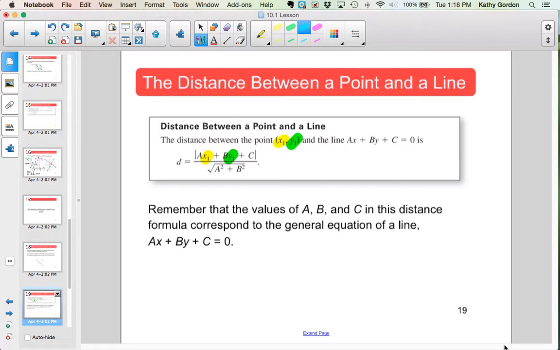We just usually keep the constant over on the other side. But for this case, we need to write the standard form in this way so that we're sure we're using the correct a, b, and c values with the correct sign on them, positive or negative. Okay, so it's the a coefficient here that is our a here. It's the b coefficient there that is our b here. And it's the c constant there that gives us the c there.